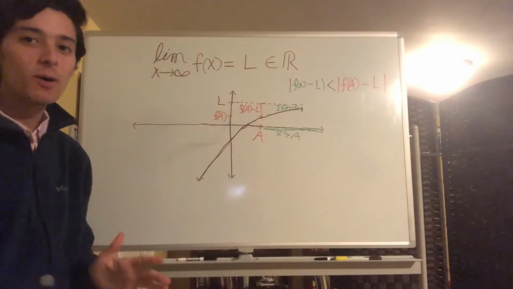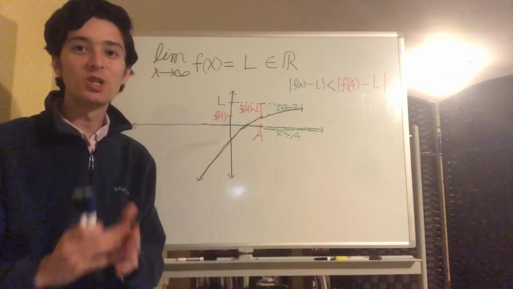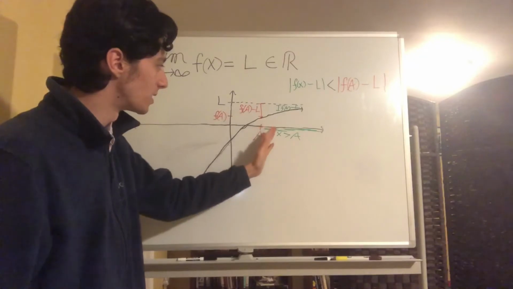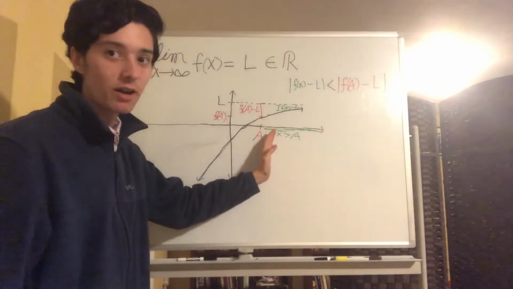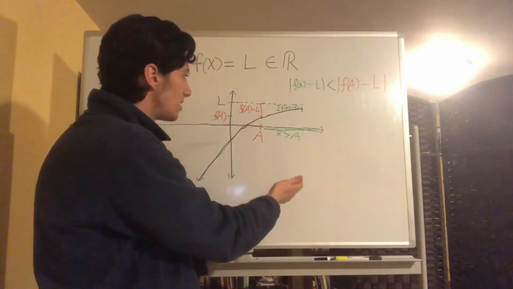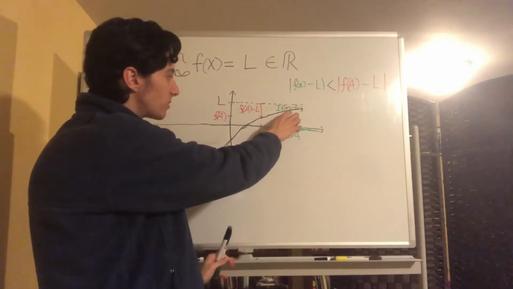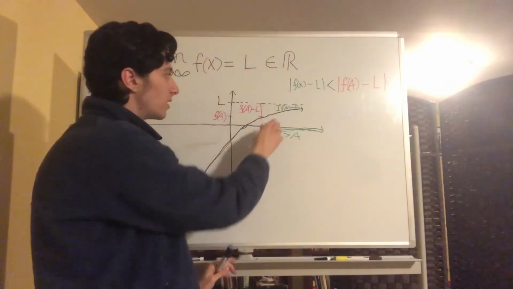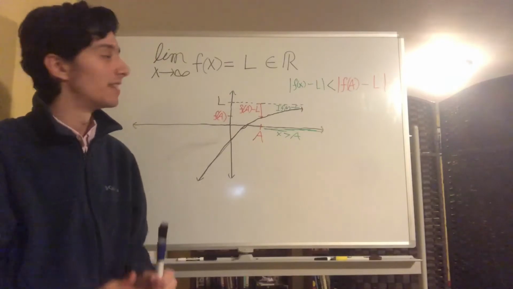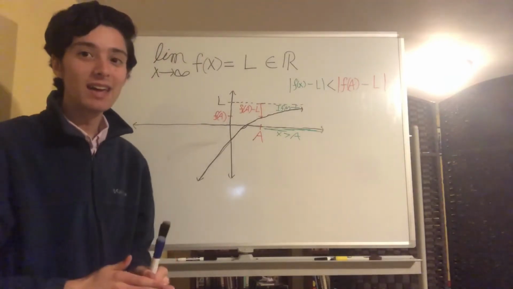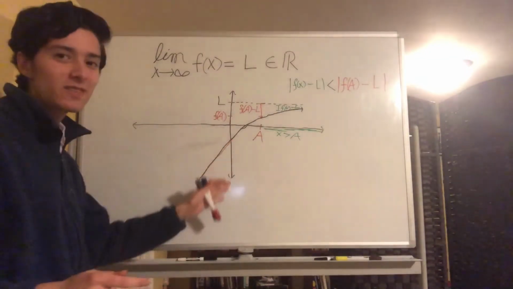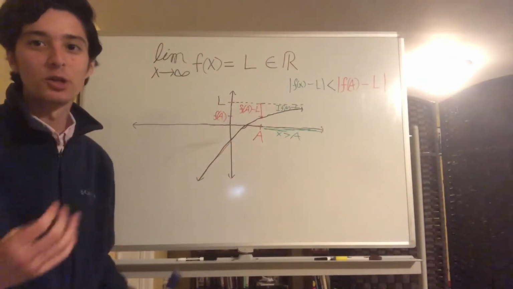And now let's think about what happens when we change the value of our A. What if A is a bigger value? Then the cutoff where x can be greater than A is now limited. But we see that still we choose these values of f of x, and the distance between f of x and L is less than the distance between f of A and L. And we might choose other values of A that are less, and we might see it's not true.